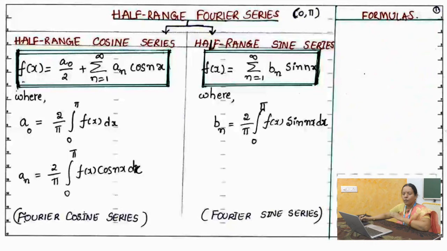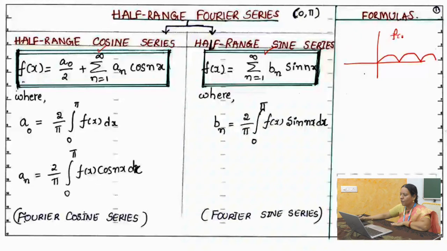In this, we have only two important formulas, that is half-range cosine series and half-range sine series. How do we write it? Suppose this is a graph of your function f of x.